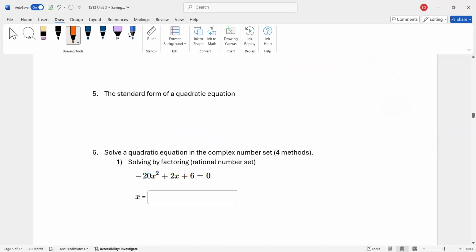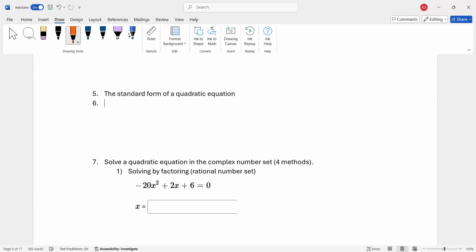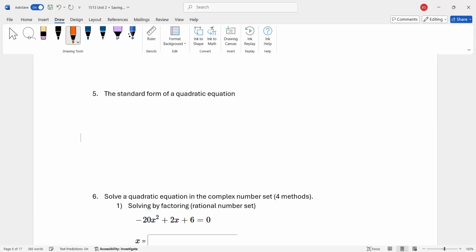All right, so today we are scheduled to cover section 2.2. Section 2.2 is about solving quadratic equations. And firstly, we need to know what a quadratic equation looks like.